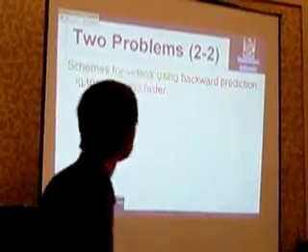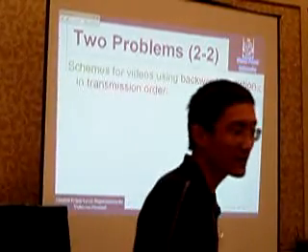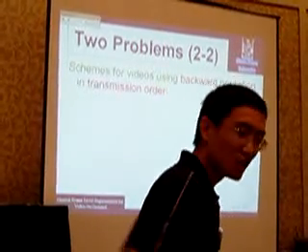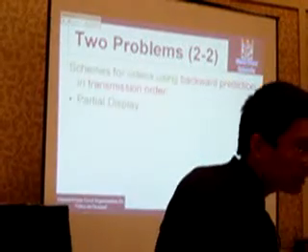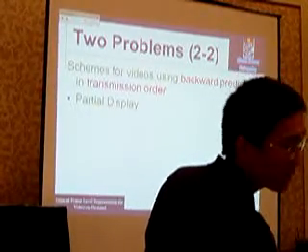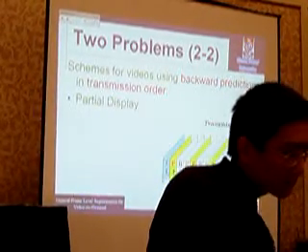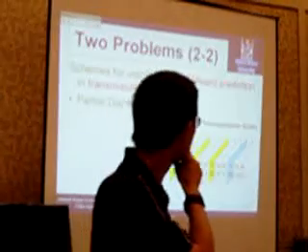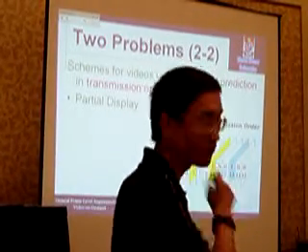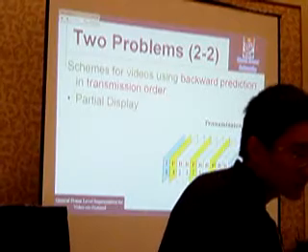Other than the first problem, we also find that even if we use the transmission order, there is still a problem, the partial display problem. This is the sequence of frames in transmission order.